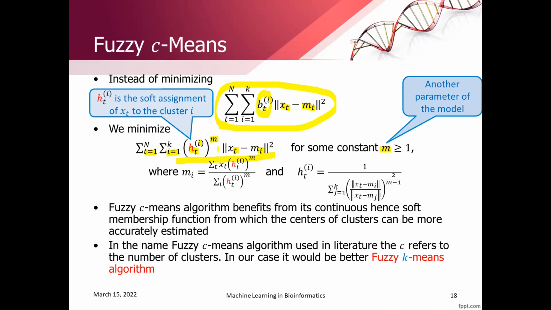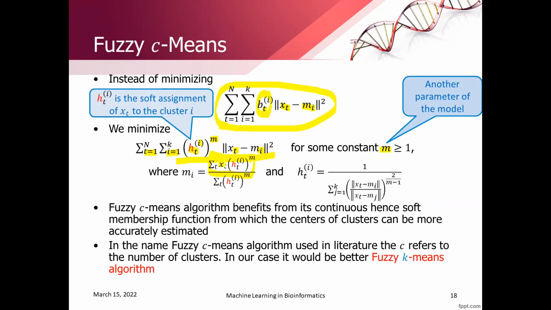Okay, and if we have such an assignment, such a vector, then based on the parameter m we can compute the importance of the assignment to the cluster i when we compute the mean for a given cluster.